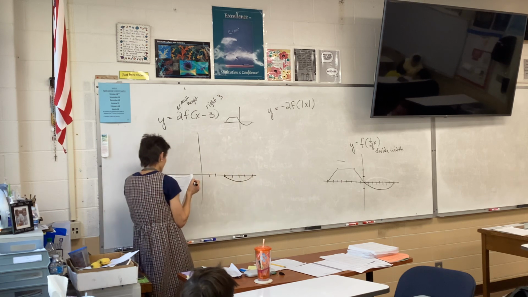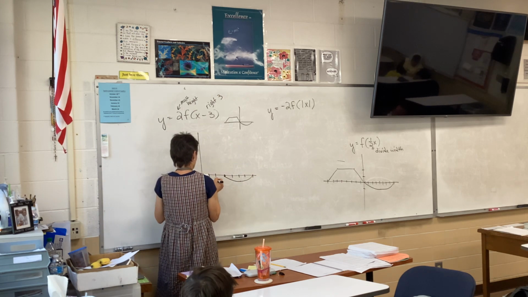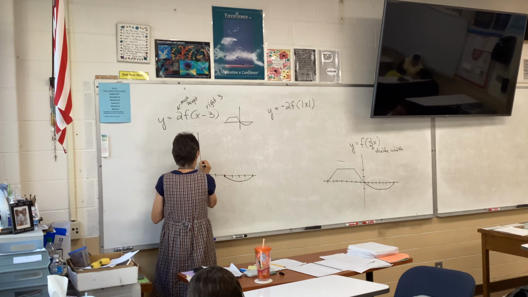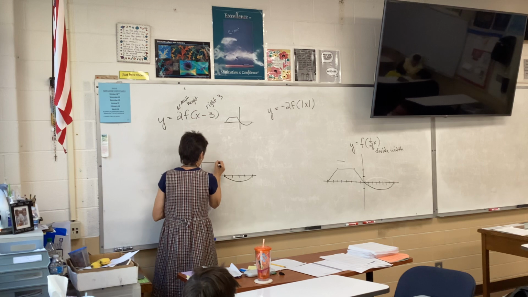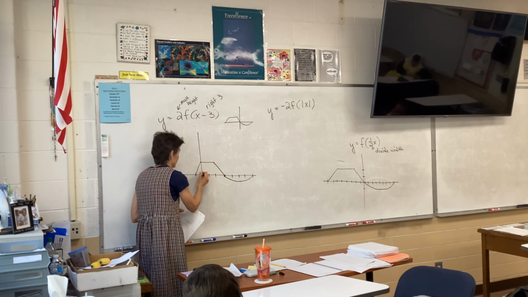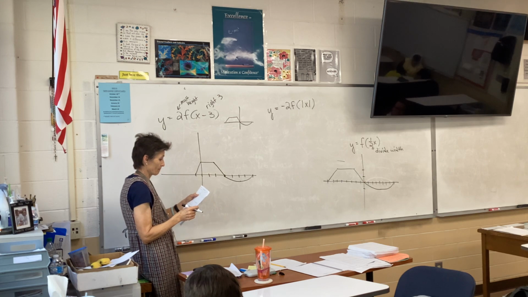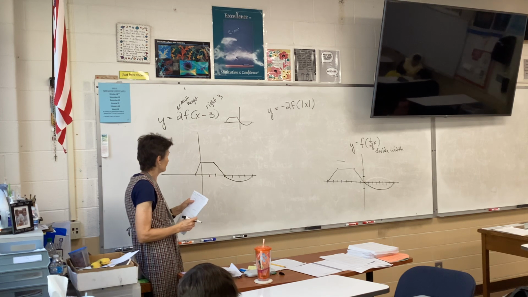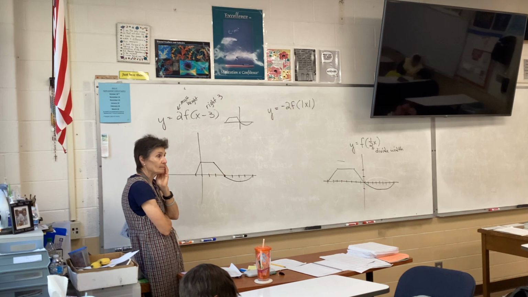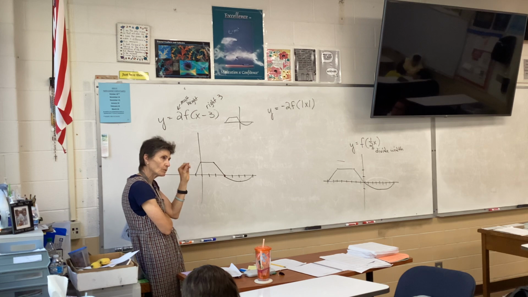So there's that one right 3. And then there's my trapezoid. That makes sense to everybody? On your graph paper, it's easier. You take each point and move it over 3.